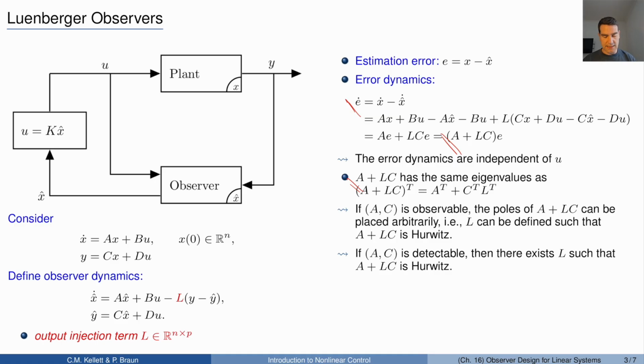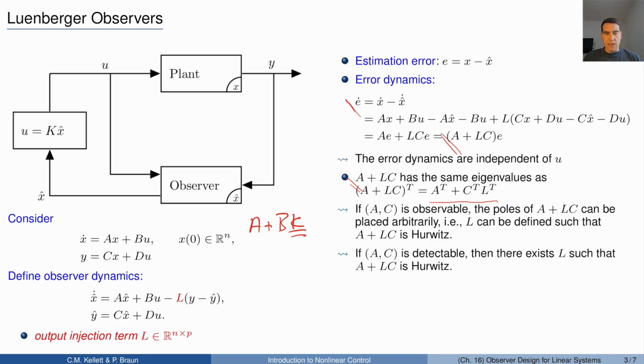A plus LC has the same eigenvalues as this matrix here, where we have taken the transpose, and that is the same structure as A plus BK in the case of controller design, where we designed the matrix K to ensure asymptotic stability.